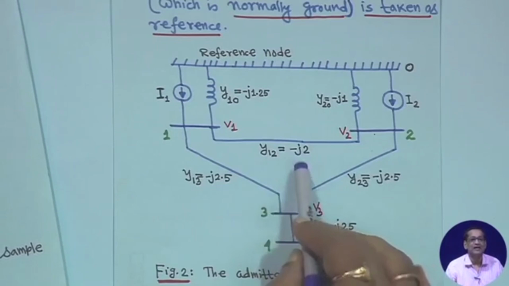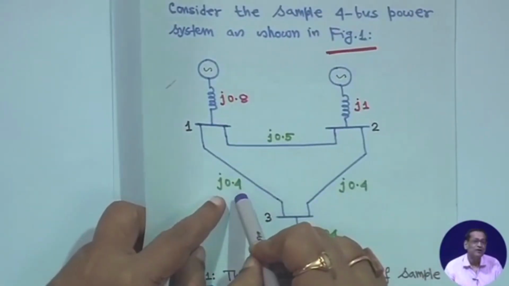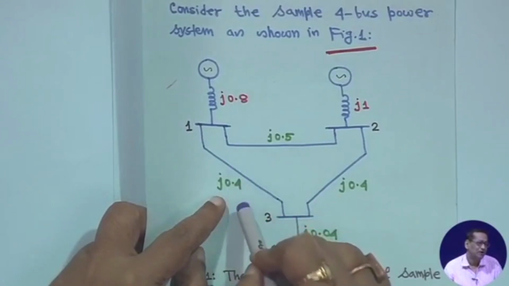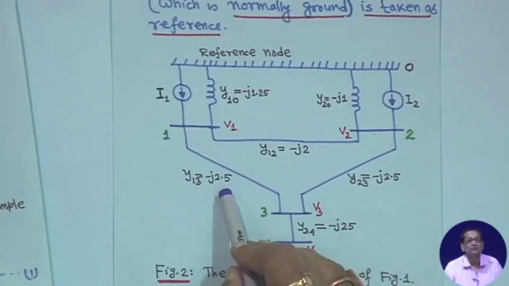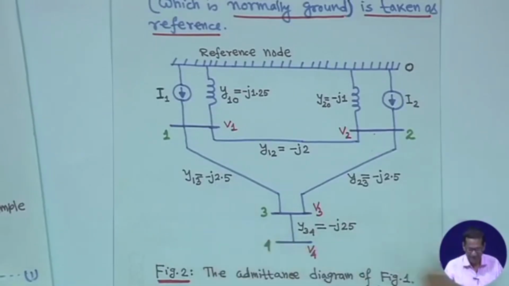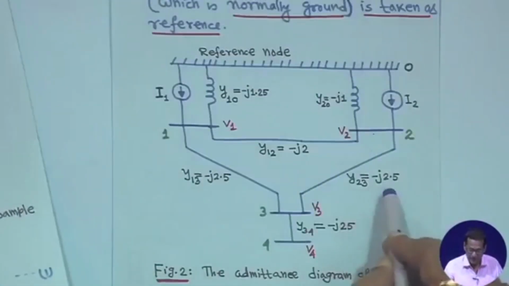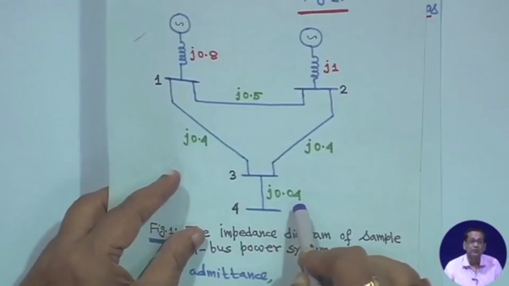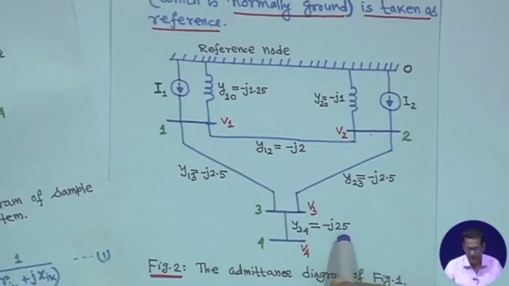Similarly, 1 to 3 is j0.4, so admittance is 1 upon j0.4, that is minus j2.5. Here it is also j0.4, so minus j2.5, and here it is j0.04, so 1 upon j0.04 is minus j25.